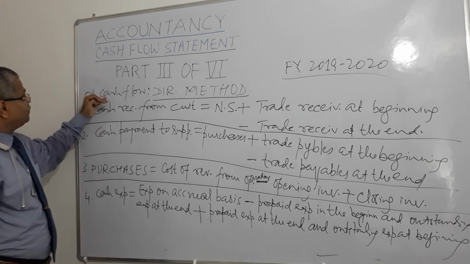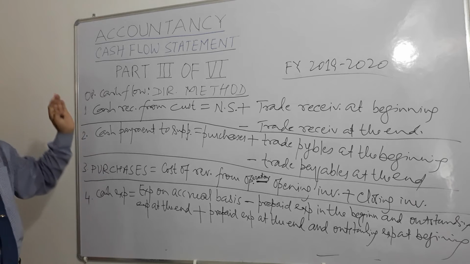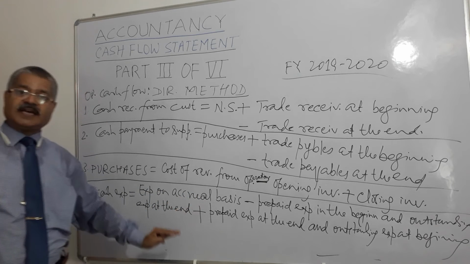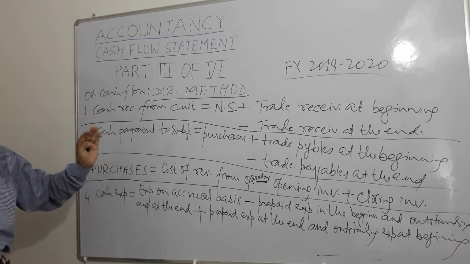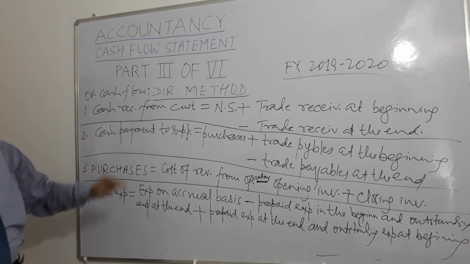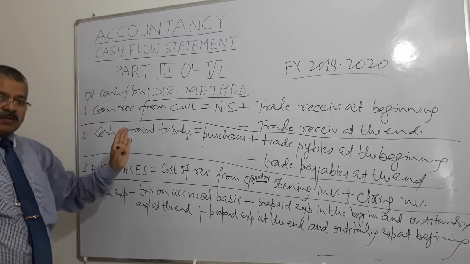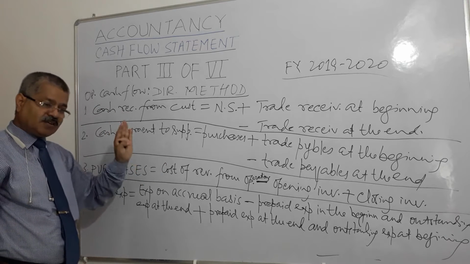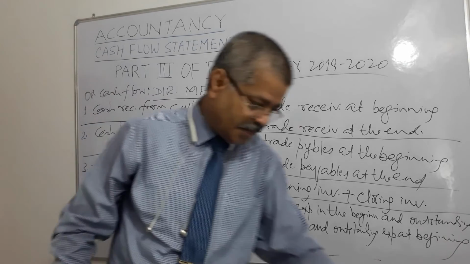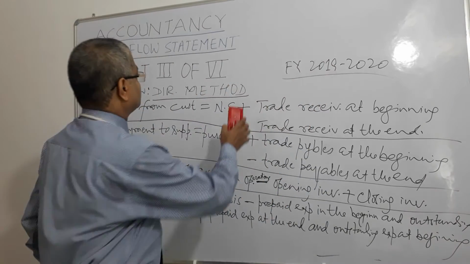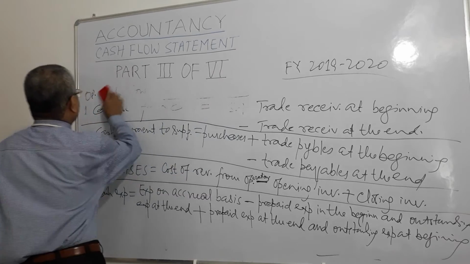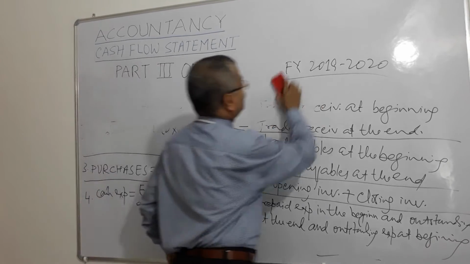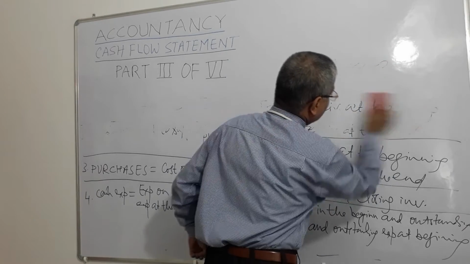So since we are talking of cash flows from operating activities, cash flows from investing and financing activities will not be included here. Non-cash items like discount on shares and depreciation will not be included here, right? So now we will do one sum in order to make it more clear.